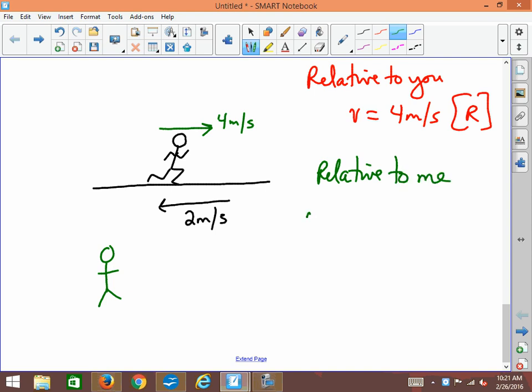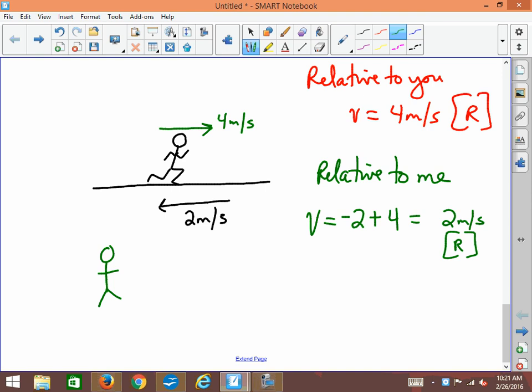What I would see for your velocity is a combination of 2 left, which we'll call -2, and 4 to the right, which we call +4, which means you're only going to look like you're going 2 meters per second to the right from my perspective. I'm going to see your speed to be 2, and it's going to be a direction to the right.